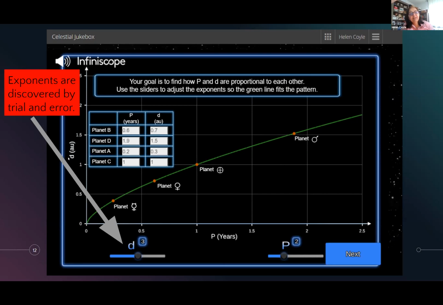The data points. It's distance versus period. So they would have to have an idea of what the equation is that they're looking to graph. And thus they will probably have to look up Kepler's third law to see what that relationship would be.